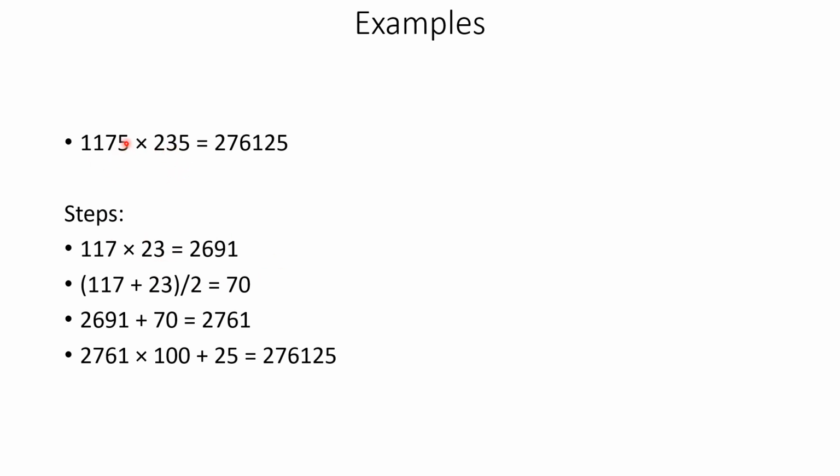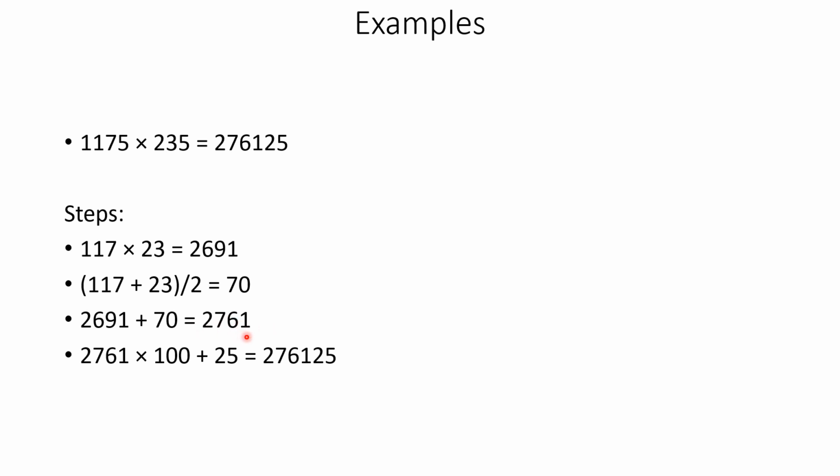You have to note that we remove the 5s, right? And then you have to make the mean of the two numbers. So 117 plus 23 divided by 2 gives us 70. So now you have to add the product and the mean. So 2,691 plus 70 gives us 2,761.